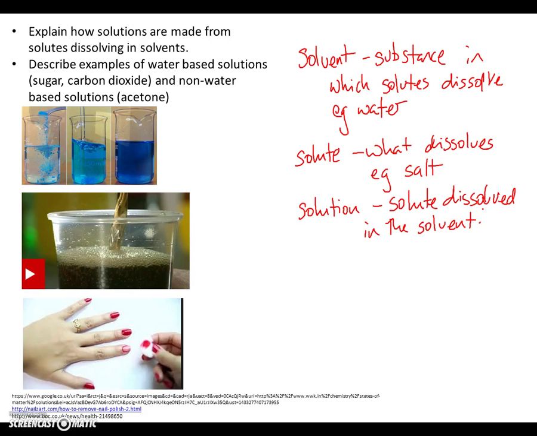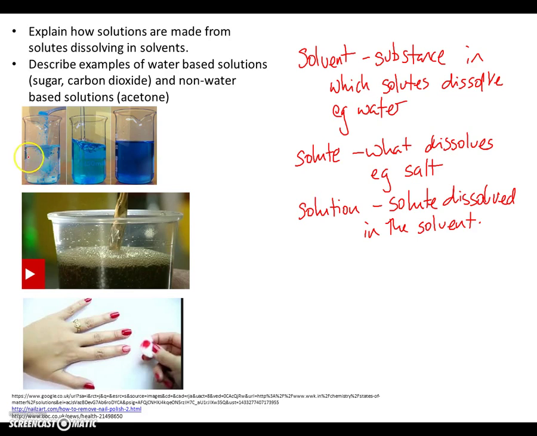Okay, so these are keyword definitions you should be able to talk about, and it's easiest to think about them in terms of examples. So sugar dissolving in water would be a good water-based solution, as would salt dissolving in water. Here we've got some copper sulfate, which is a nice blue crystalline solid, and it's readily soluble in water.